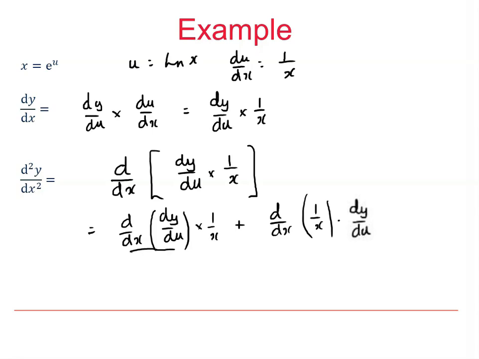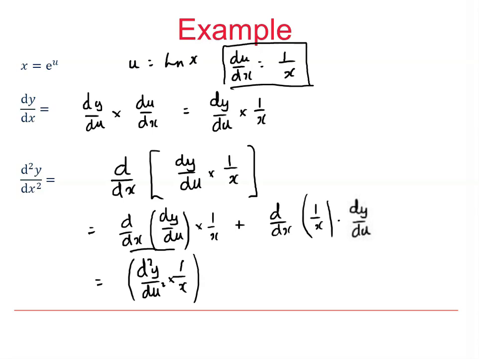This bit here, differentiating with respect to x, I can do using the chain rule by differentiating with respect to u to give d2y by du squared, but then multiplying by du by dx, which is up here as 1 over x. So I get 1 over x, and that's what's in that bracket, but that's multiplied by 1 over x from here.